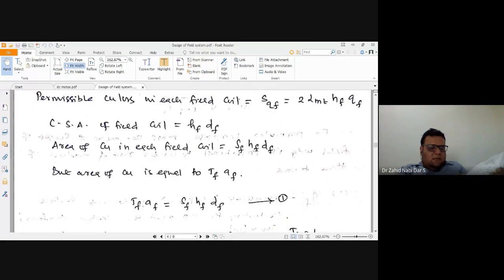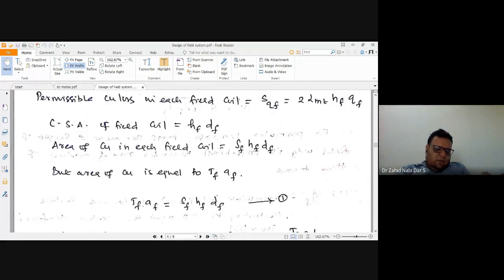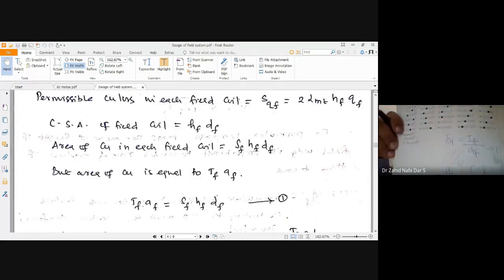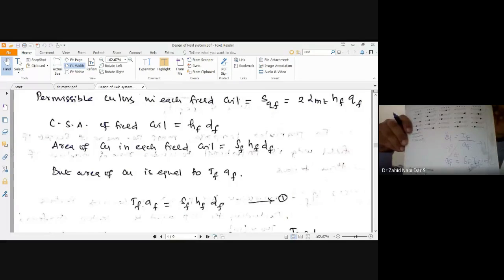Can you see? So how much can you write AF? AF you can write as IF by δF. So equation 1, equation 2. So can you see here? Yeah, Shivram. Yes, sir. Now you got it.